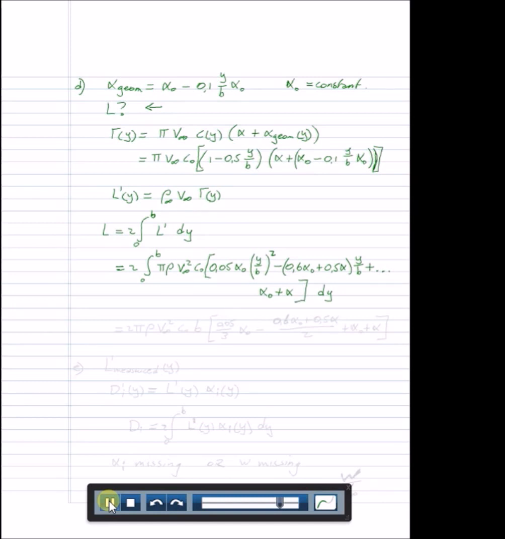Right, so we need to evaluate that thing, which will then in the end give me 2 pi rho v infinity squared c naught times b of 0.05 divided by 3 alpha naught minus 0.6 alpha naught plus 0.5 alpha divided by 2 plus alpha naught plus alpha, and that's going to be your final lift.